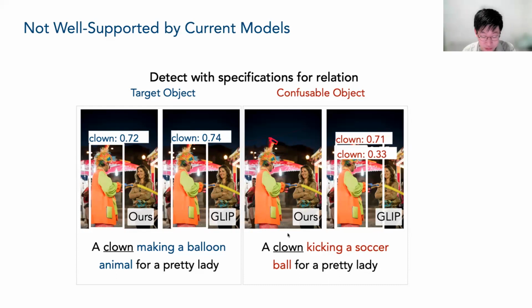So the first one is correct, and the model shouldn't give any prediction for the second one. But you can see the GLIP model again ignores your language context and tries to detect the entity clown for you, regardless of whether the context surrounding clown is correct or not. So it actually hallucinates a clown kicking a soccer ball, but there's no such thing.